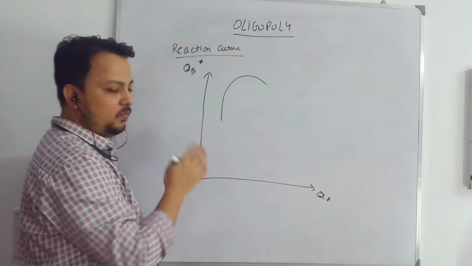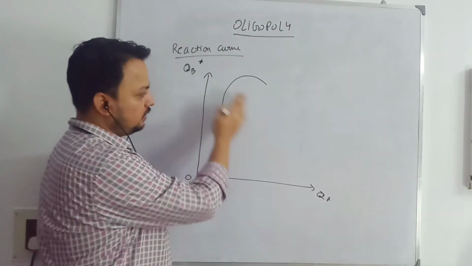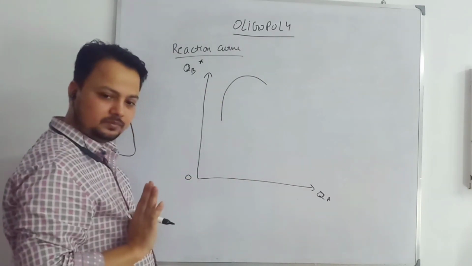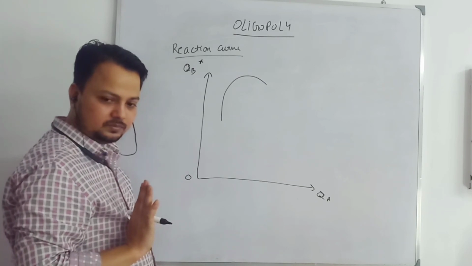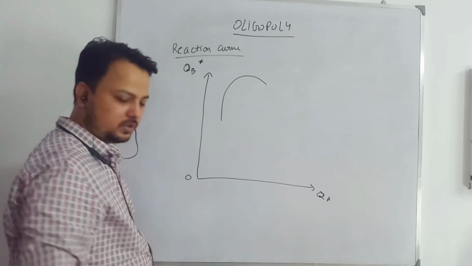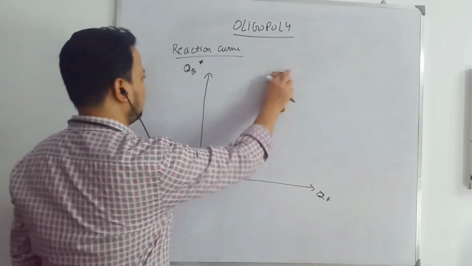Where is the higher isoprofit curve? It will be on the right-hand side, right? Yes. Okay.